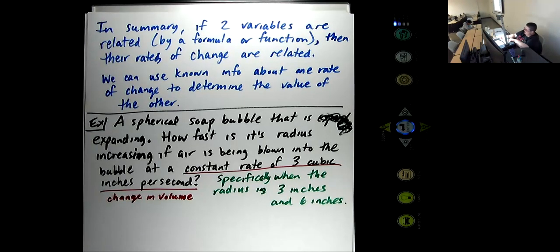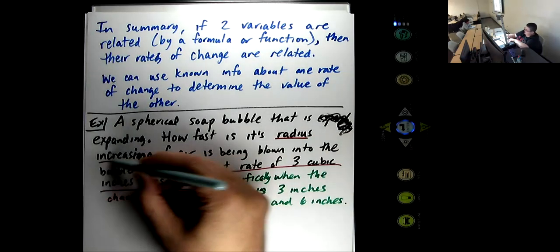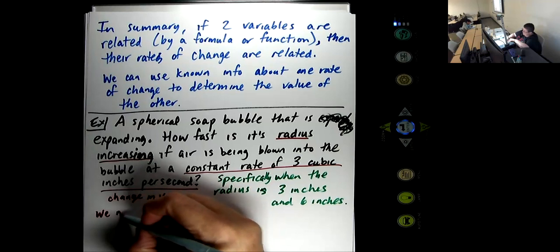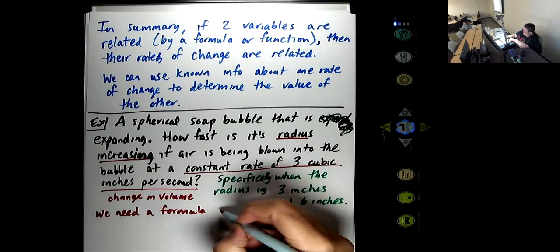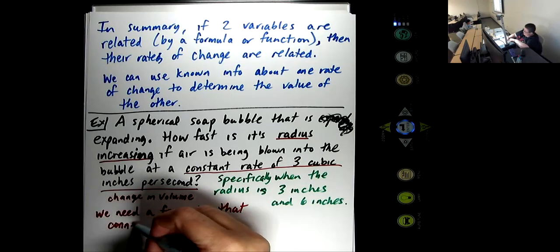And we're asking about how it relates to the radius increasing. We need a formula that connects volume and radius for a sphere.